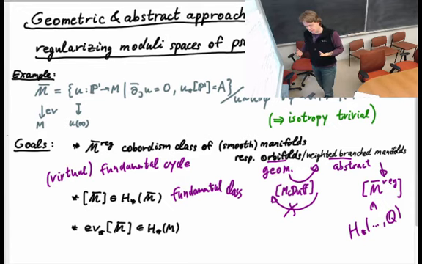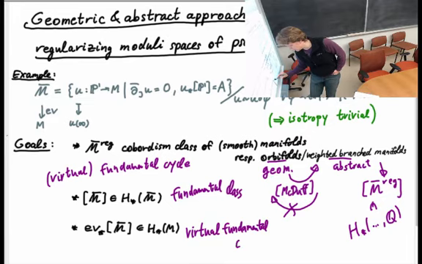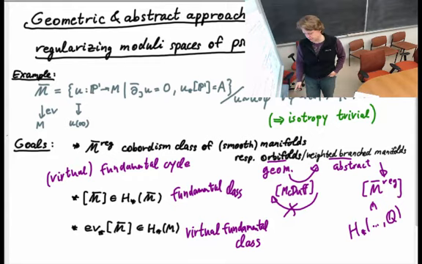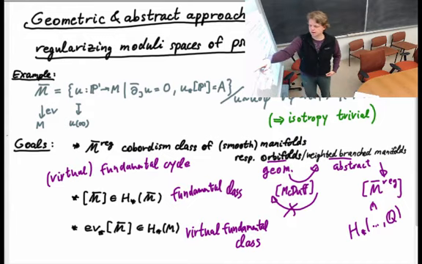And in fact, what people have really called a virtual fundamental class is a construction that somehow doesn't really care about making the fundamental class, but just cares about defining its push forward under some good maps. The basic example is the evaluation map of our basic space of holomorphic spheres.